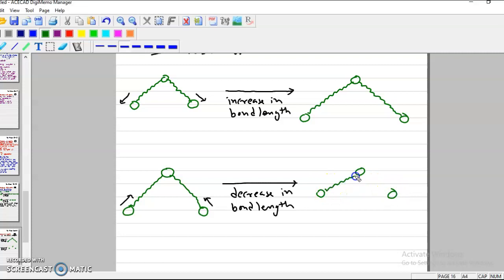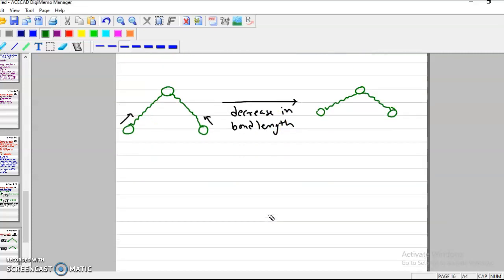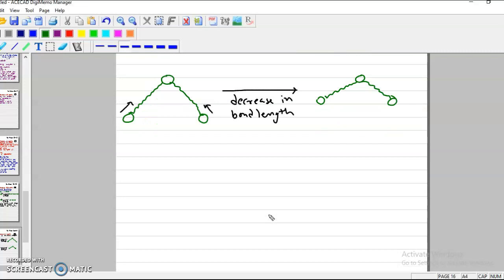So here bond length will be decreasing. So in both the cases, bond length changes without changing bond angle, and this is called symmetrical stretching in non-linear molecule.